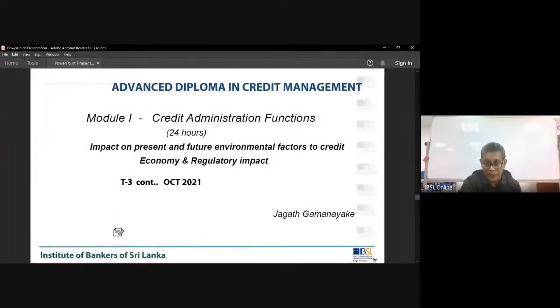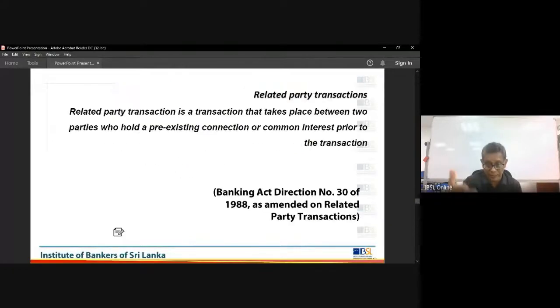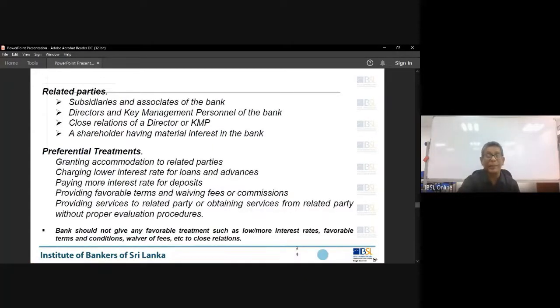I will continue from where we stopped. You may come across something called related party transaction, right? I think that's also important. Now, the related party transaction, also on regulatory aspects, is a transaction that takes place between two parties who hold a pre-existing connection, some common interest. So the bank in that direction will talk about the related party transaction.